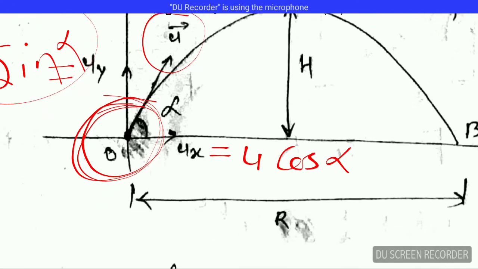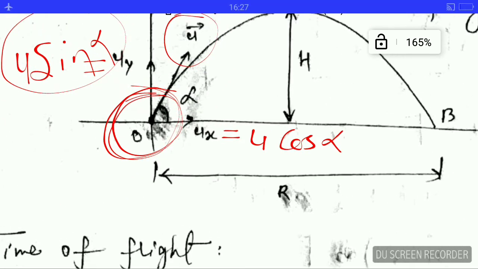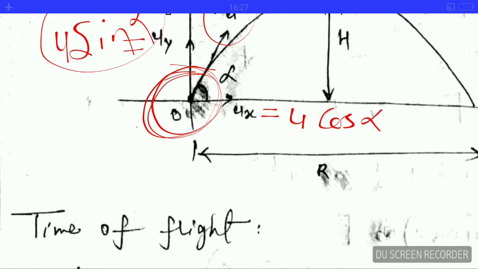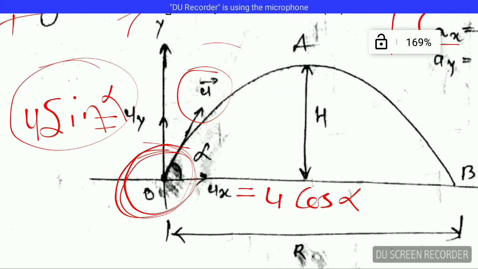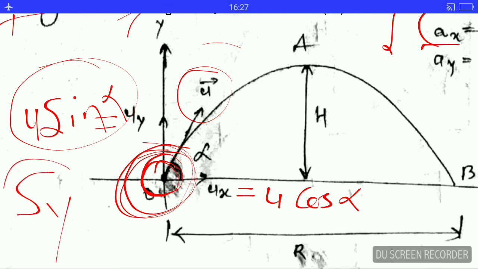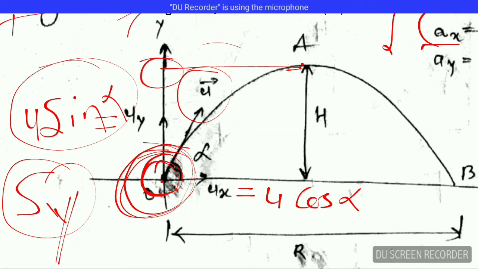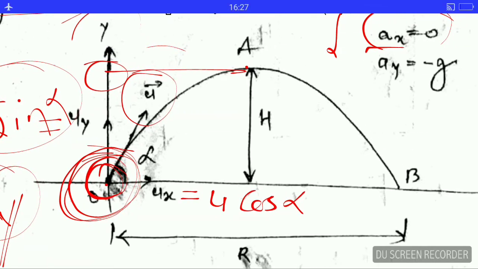This is an important thing. Now you can see that the projectile started from O, and if we see its displacement as y, the displacement along y, it started from this point and reached this point, so the displacement at this point will be this much. And when the projectile reached this point, the displacement along this direction will become 0.